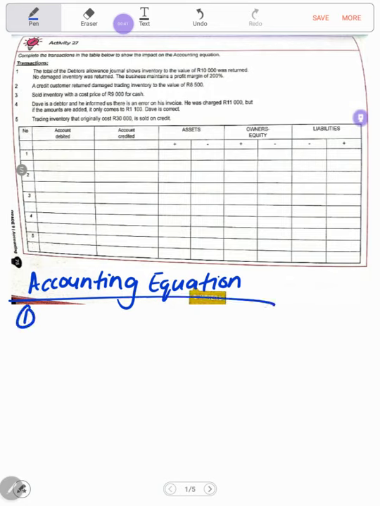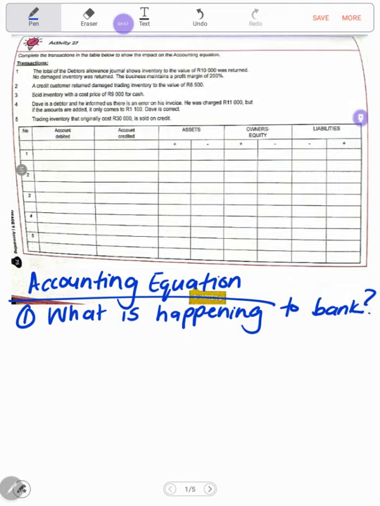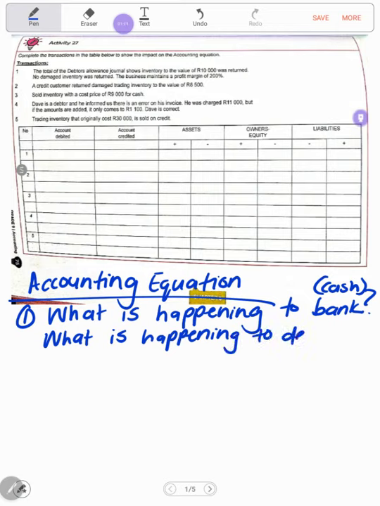Those 3 questions. What is happening to bank, if it's a cash transaction? And remember, in grade 9, you are dealing with credit transactions as well. So if it's not a cash transaction, which would affect bank, then you must ask yourself what is then happening to debtors control if you sold on credit.